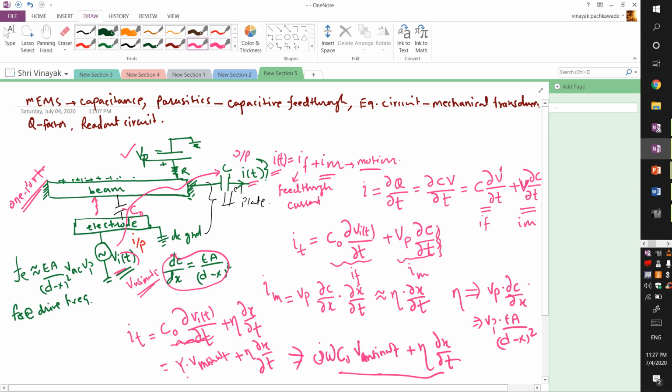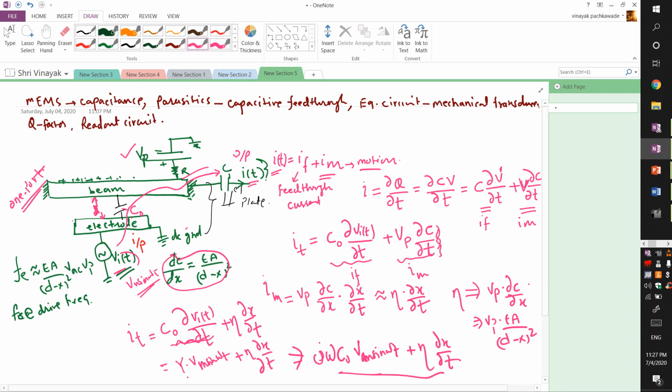So this is a gap over here indicated by d, and we are sensing the output signal across this capacitive gap itself. So that is why it's called one port. In the two port, we can have the provision of applying the signal across, or actuating the transducer across, one capacitive gap and sensing the signal across another capacitive gap.